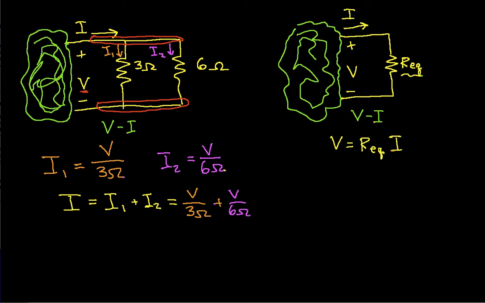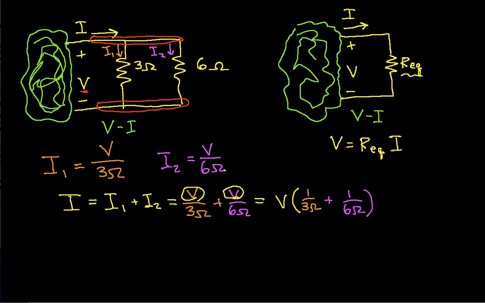Now we can factor out this V from both terms as V times 1 over 3 ohms plus 1 over 6 ohms. Okay?